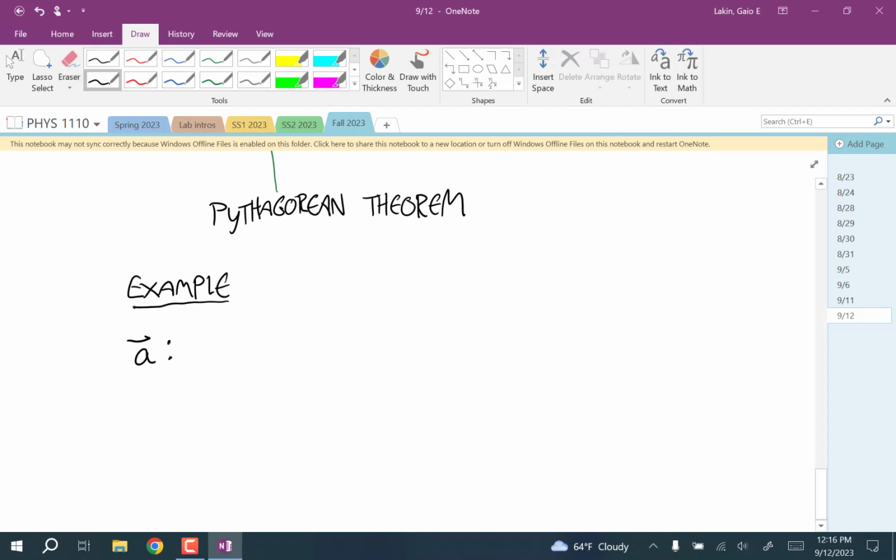Let's say that A is a vector like this that has a length of 10 and makes an angle of, let's say, 20 degrees with the horizontal.